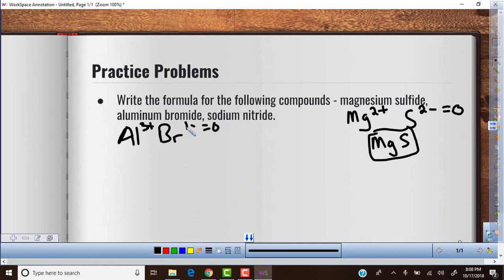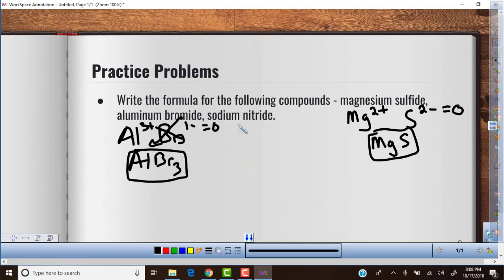Therefore, I'm going to need 3 bromines to cancel out the +3 charge of aluminum, because each bromine has a -1 charge. Or you crisscross the absolute value of your charges. So the 1 is going to go down here, the 3 is going to go down here. So what I get is AlBr3. And that's my formula.